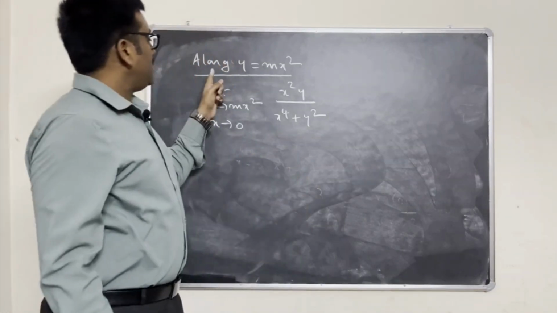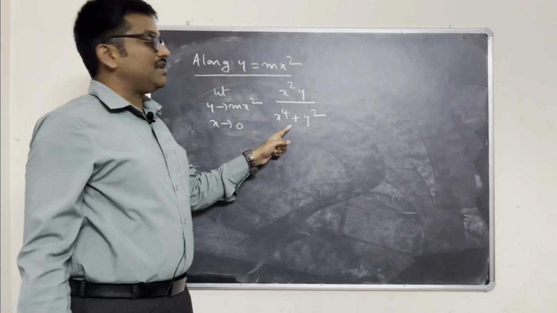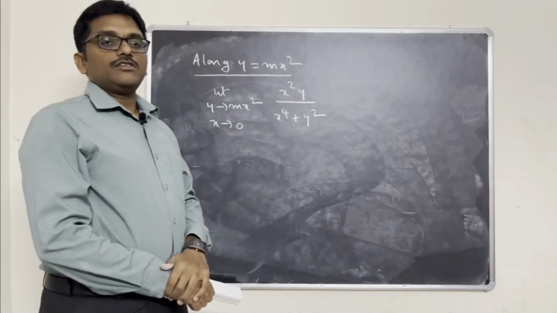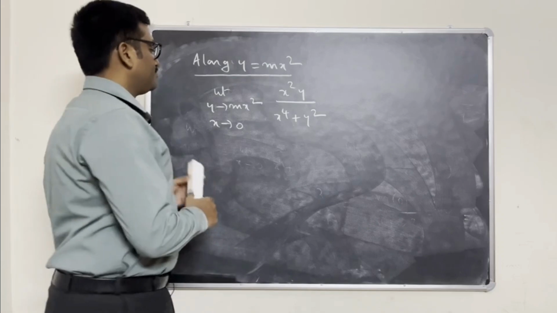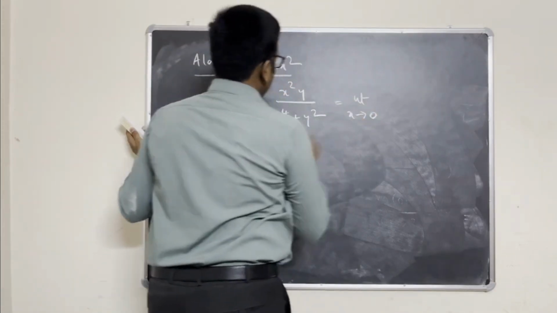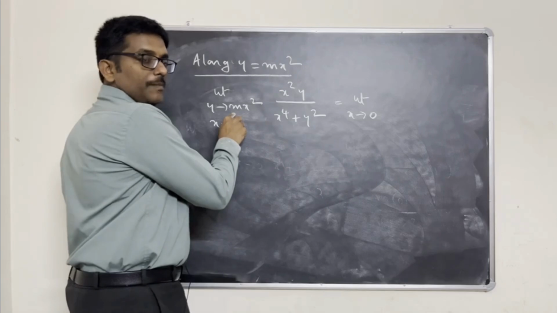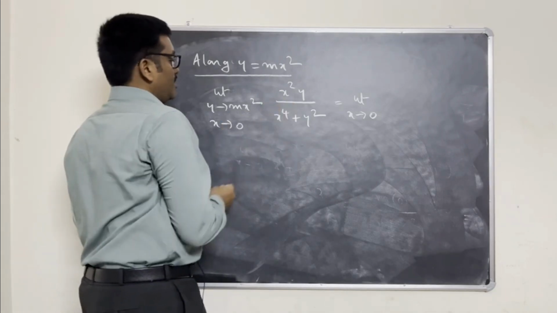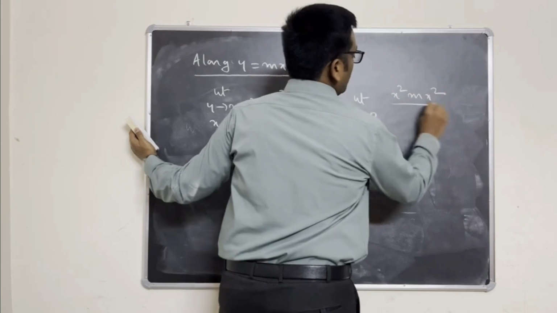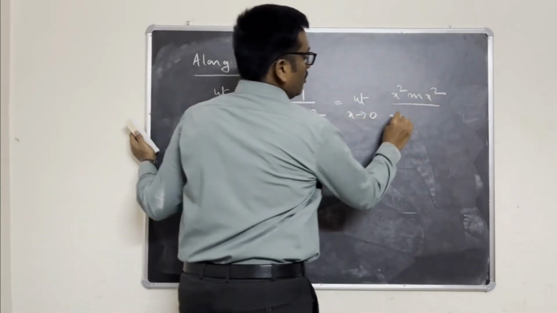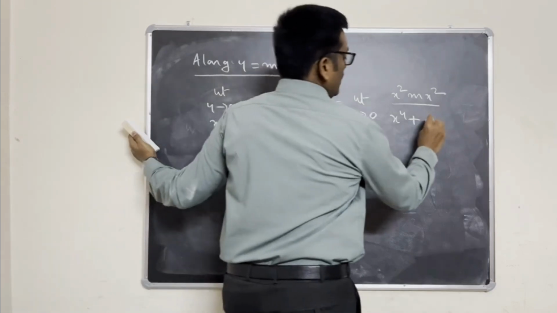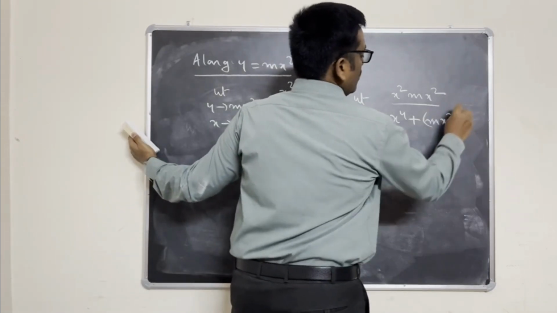Now we find the limit along y equal to mx square for this function as (x, y) approaches (0, 0). Limit x tends to 0, we write as it is and we apply this limit for this function, x square into mx square by x power 4 plus, in place of y we write mx square whole squared.